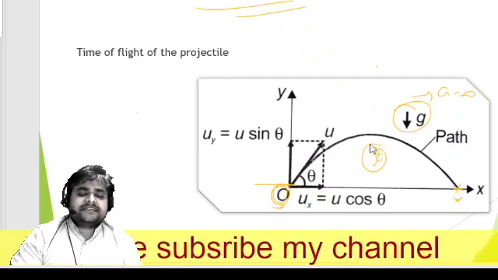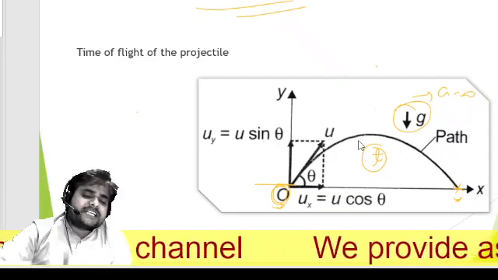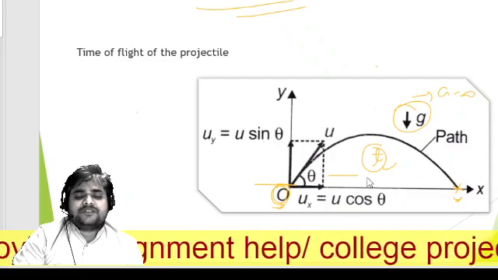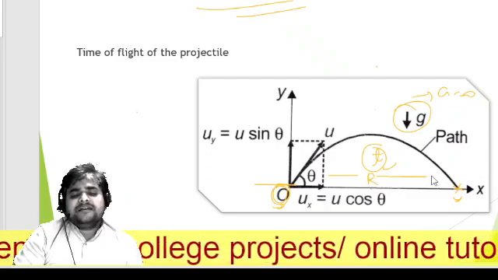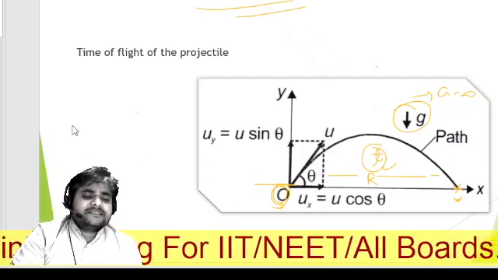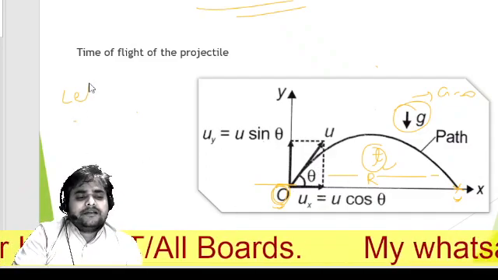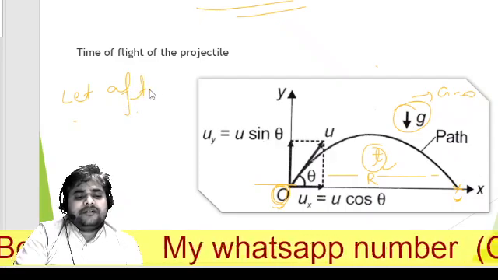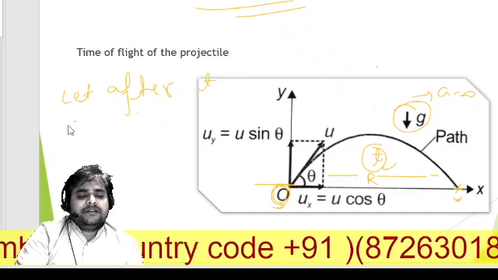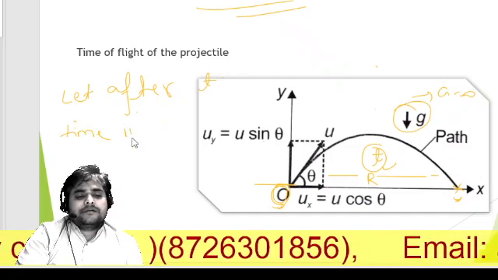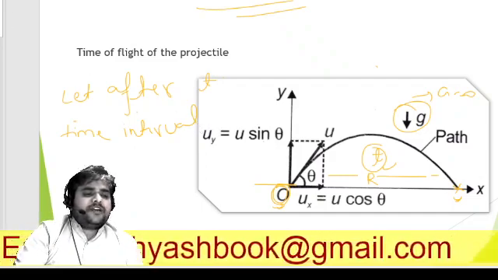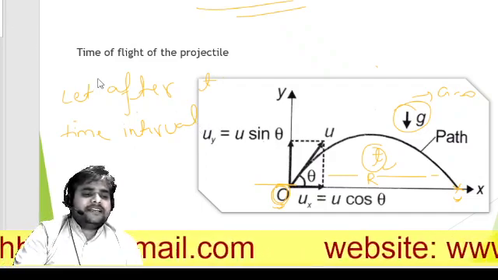It means the displacement along the horizontal direction after t time is r, but the displacement along the vertical direction is 0.